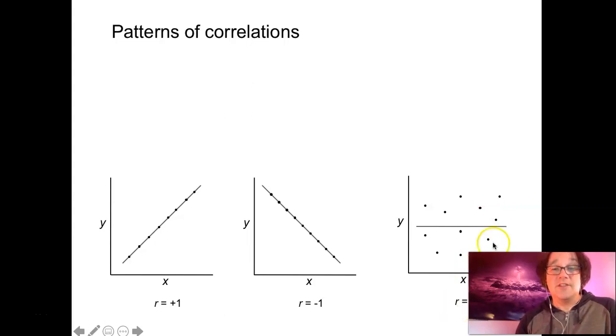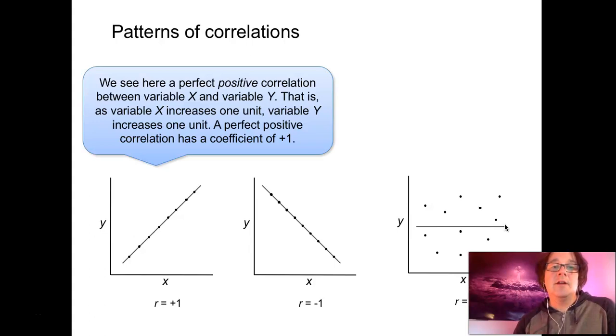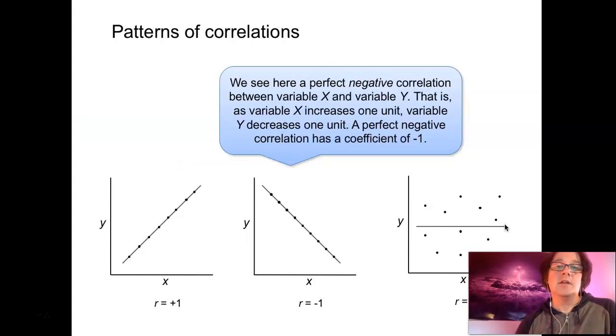This is a correlation of 0, and we see that the line of best fit is flat, meaning there's nothing happening there, right? So just to review, here we have a perfect positive correlation between x and y. As the variable x increases by 1 unit, variable y increases by 1 unit. So we get a perfect positive correlation.